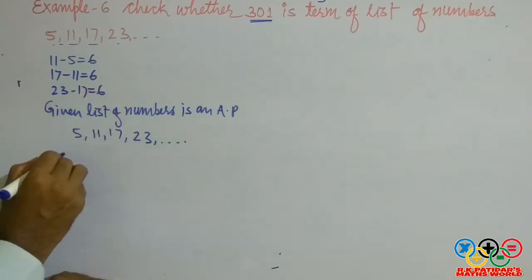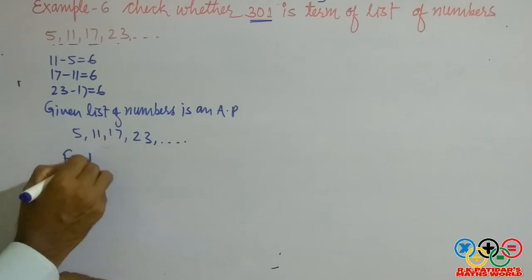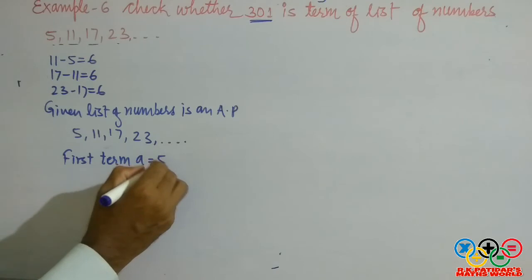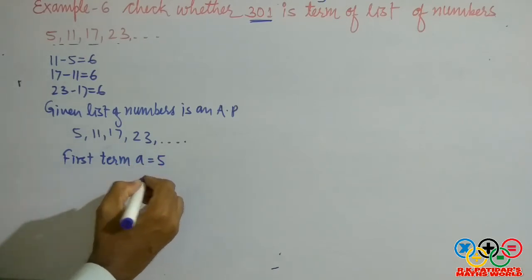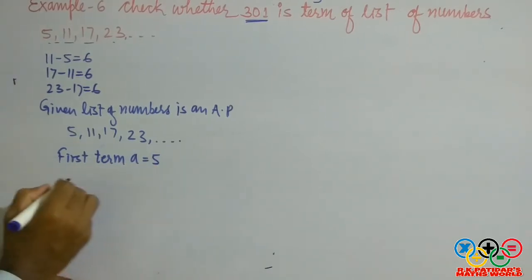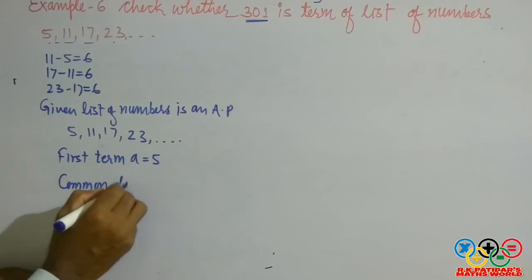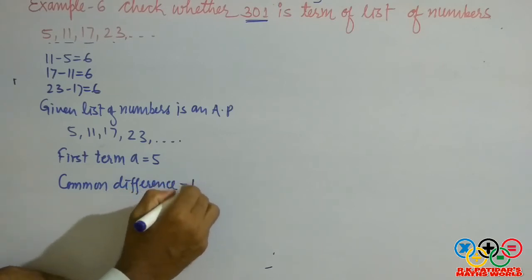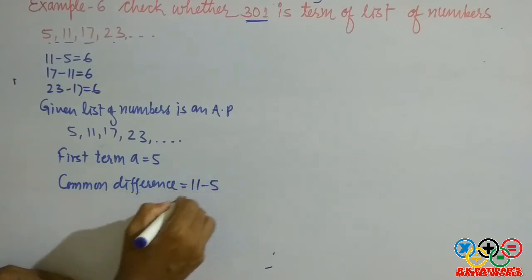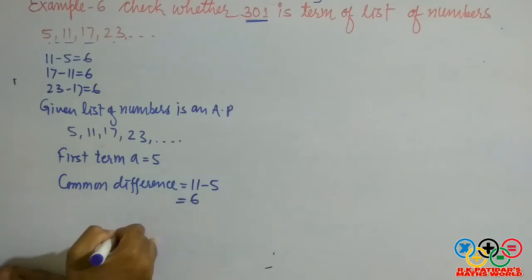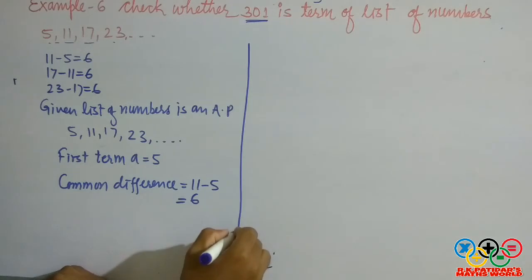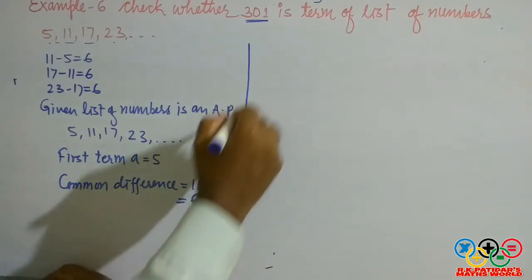Okay. So the first term a is equal to 5, common difference 11 minus 5, that is 6. Now we have to check that 301 is a term of this AP or not.